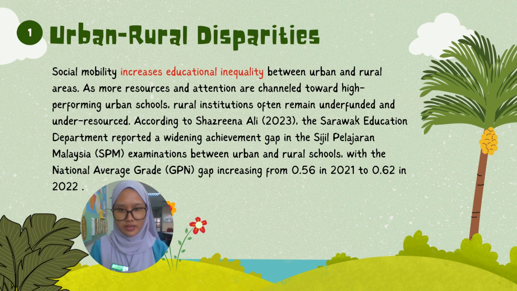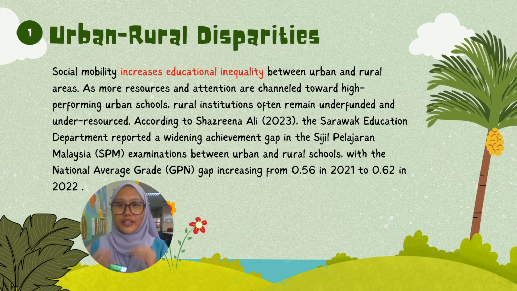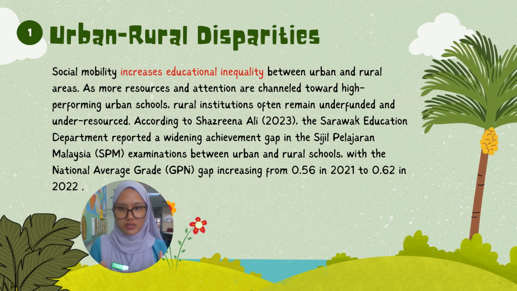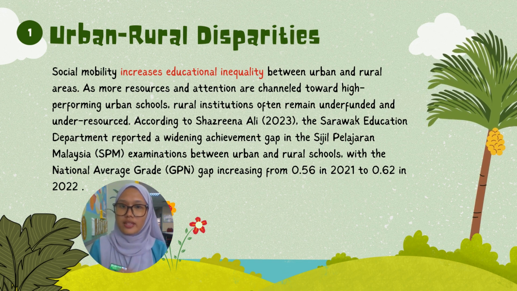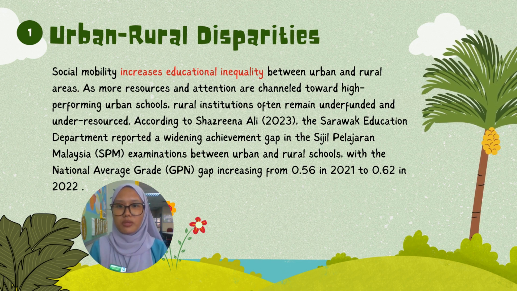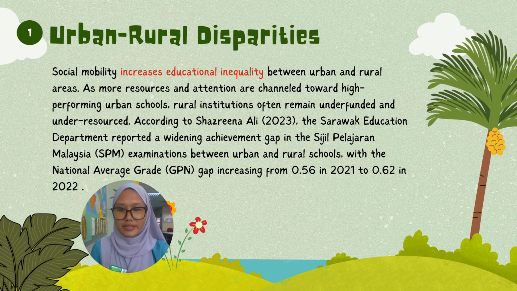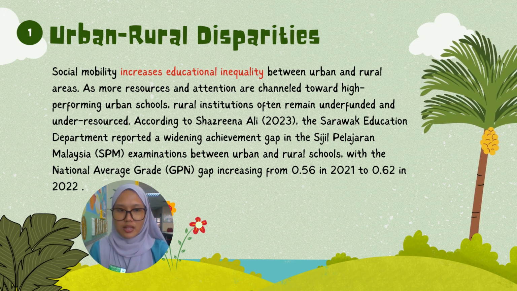Urban-rural disparities. Social mobility increases educational inequality between urban and rural areas. As more resources and attention are channeled toward high-performing urban schools, rural institutions often remain underfunded and under-resourced.